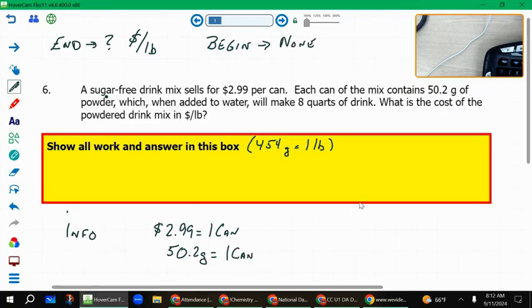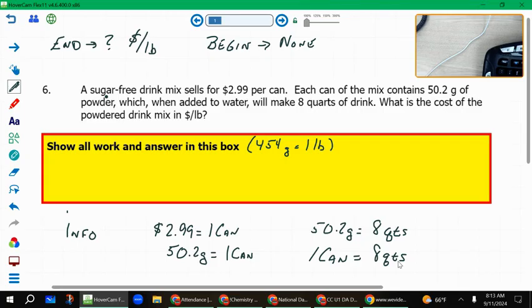What else? 50.2 grams is equal to 8 quarts. You could put it that way, or I've seen people do this: 1 can equals 8 quarts. Either one, because you're absolutely correct, Abby. 50.2 grams equals 8 quarts, or 1 can equals 8 quarts.